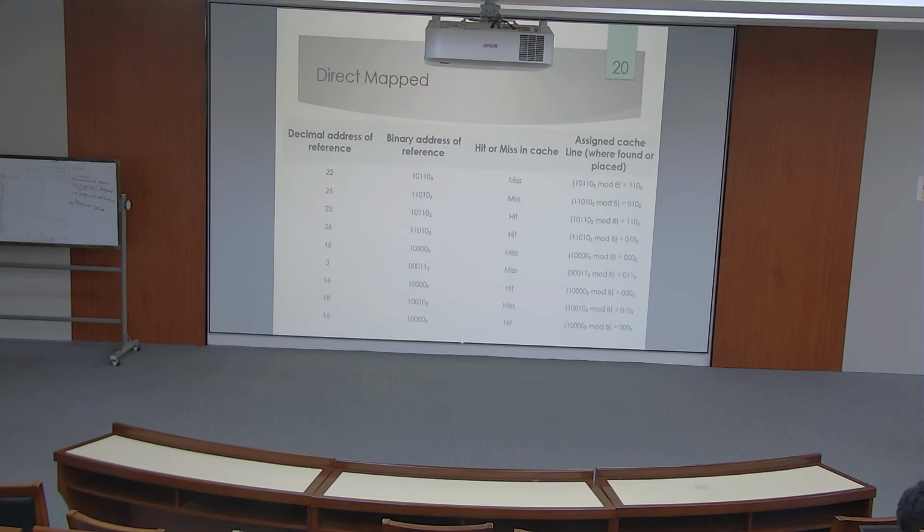Good, because this is the first time to load this block into the cache line. And we have to load the block number 18. Now we have the last one. The last one is block 16.